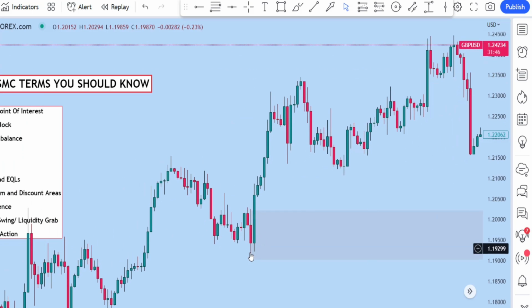This last candle I marked with this color, I use green for a bullish candle and red for a bearish candle. It depends on what color of candle you're using. So the last sell candle here that price completely engulfed is known as your bullish order block because it is this candle that creates the movement in the other direction.